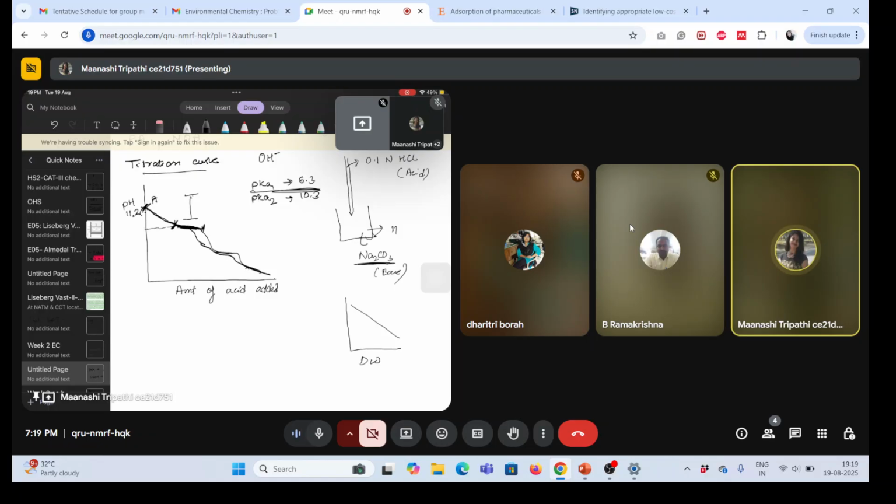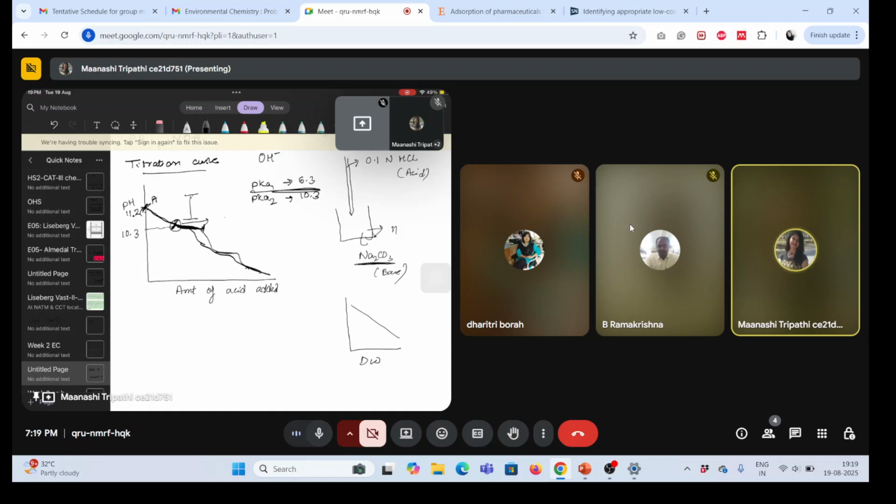I will mark these points so that it will be easier for you. So this is 10.3. From 11.2 to 10.3 it will fall rapidly because there is no buffering capacity here. But at this point what will happen?